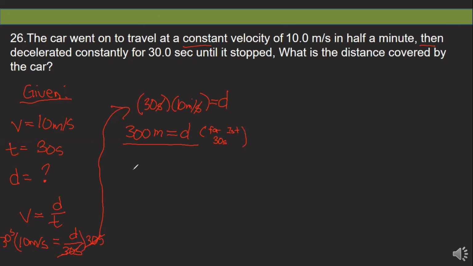The given for the next 30 seconds: we have the initial velocity, which is 10 meters per second. And the car then decelerated until it stopped, so when it stopped, the final velocity is 0 meters per second.